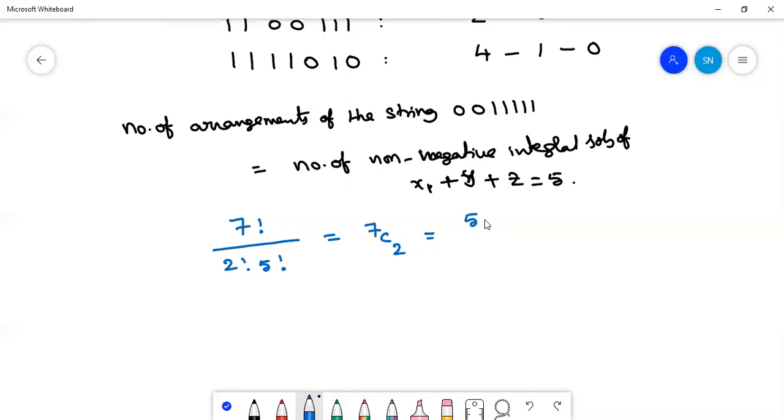7C2 can also be expressed as (5 plus 3 minus 1) C (3 minus 1). The sum of the parameters is 5 and the number of parameters is 3, so it is (5 plus 3 minus 1) C (3 minus 1), right?